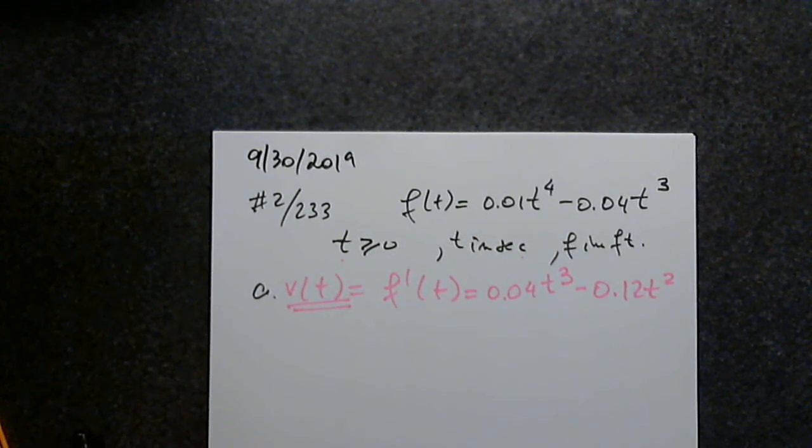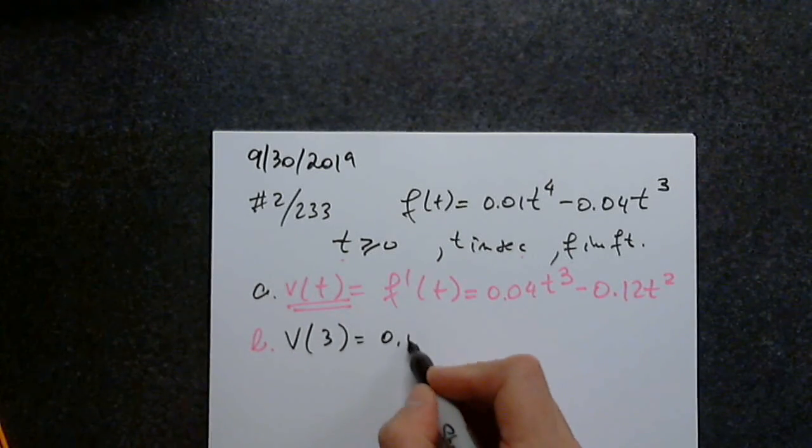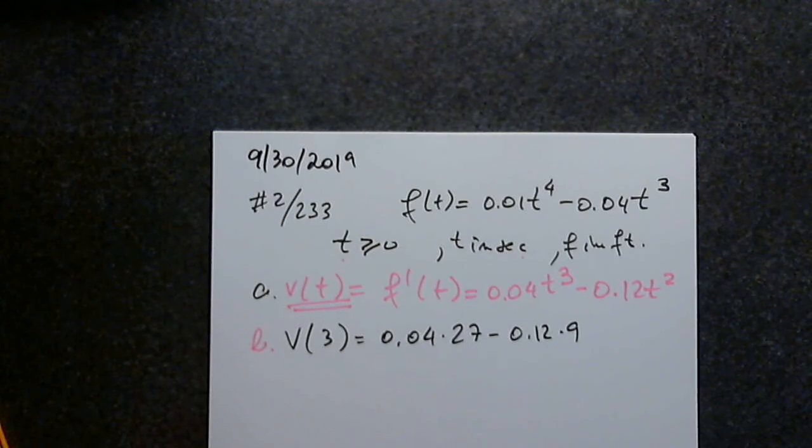Okay, part B. What is the velocity after 3 seconds? How do I determine that? Velocity after 3 seconds. Very good, of course. V of 3. 0.04 times 27 minus 0.12 times 9. Whatever that is. I have my calculator.